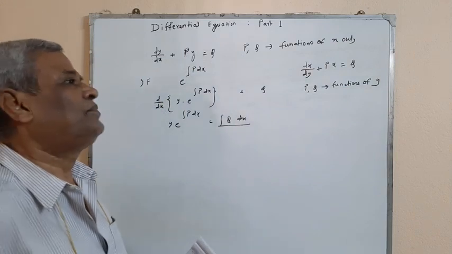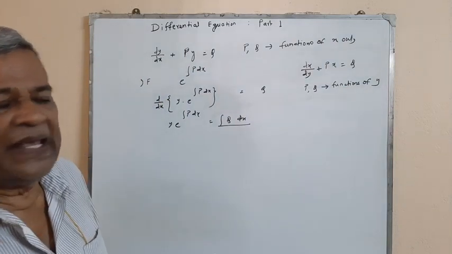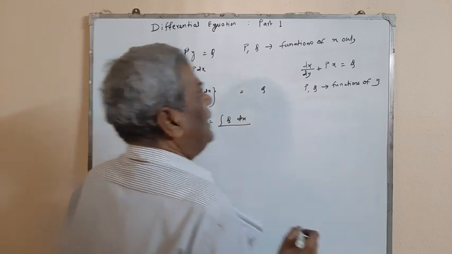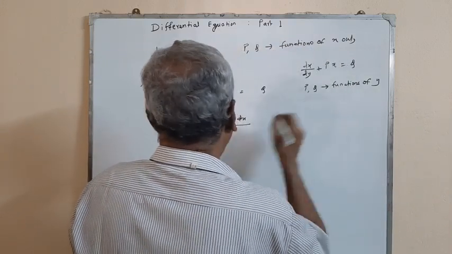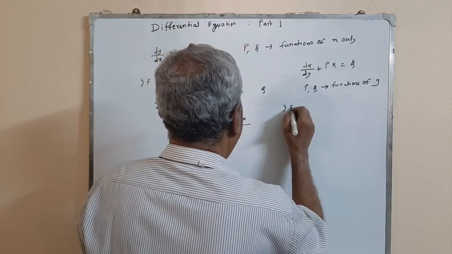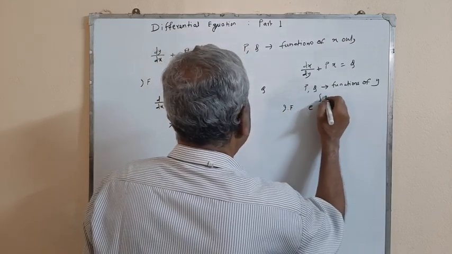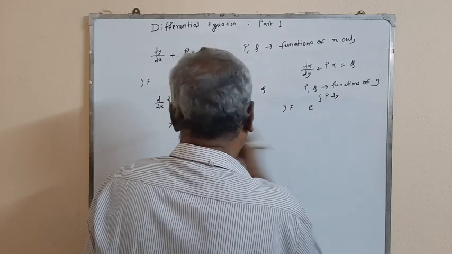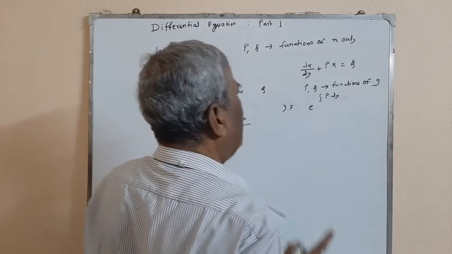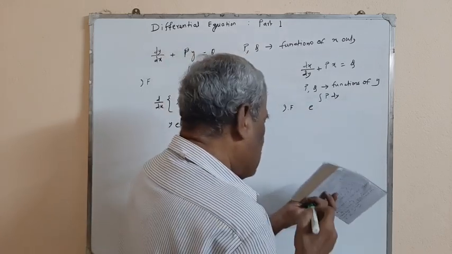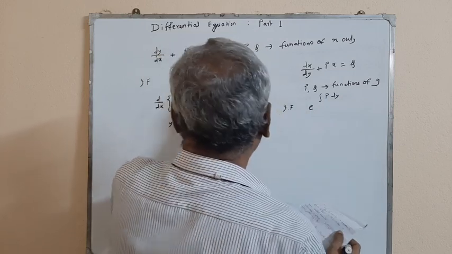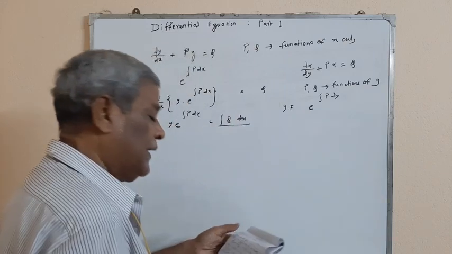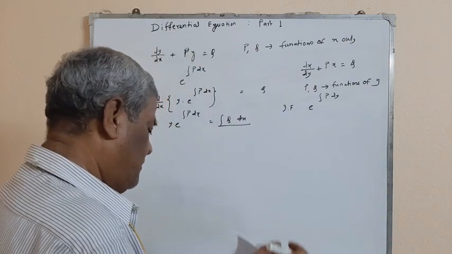This can be integrated, and the solution can be obtained by multiplying both sides by the integrating factor e to the power integral P dy. This way, the solution can be obtained. I will discuss this type of integration with many problems.